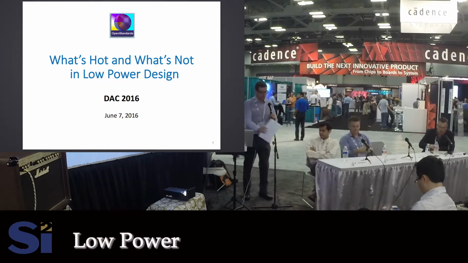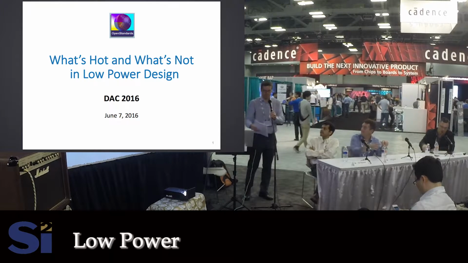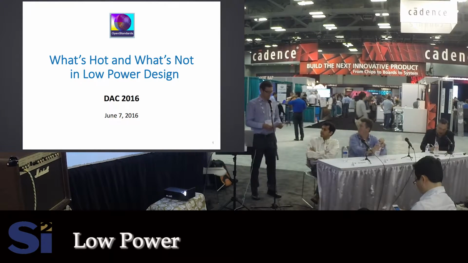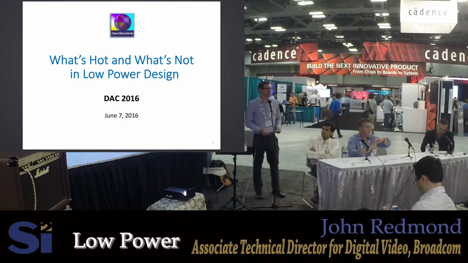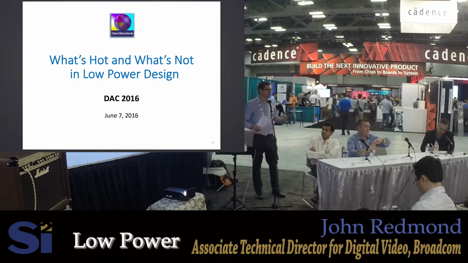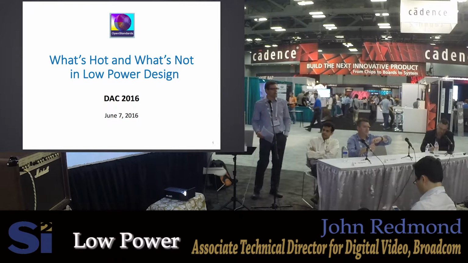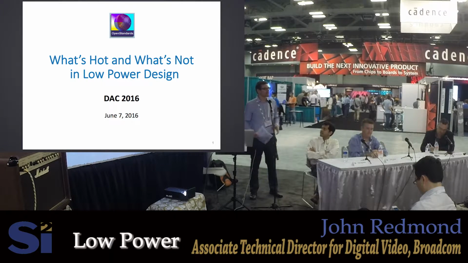Thanks, Jerry. So I don't have any slides today, so I'm just going to talk about what's hot and what's not. I started my career out in cellular, where power was the primary constraint. A couple years ago, I moved over into set-top boxes. In set-top boxes, power is becoming a higher and higher priority.